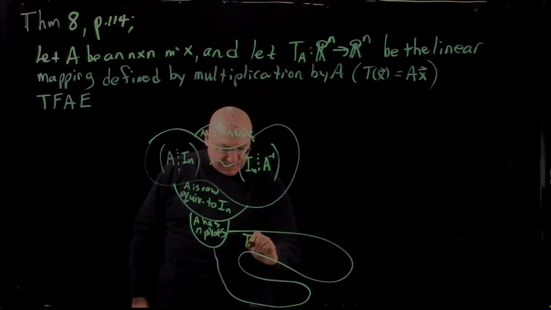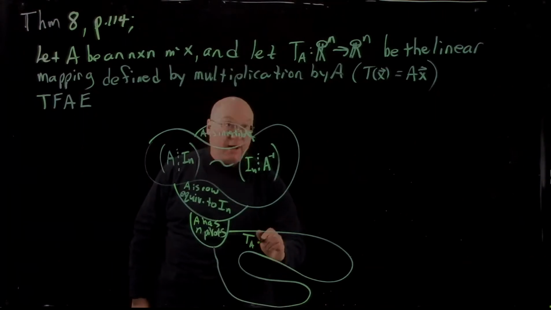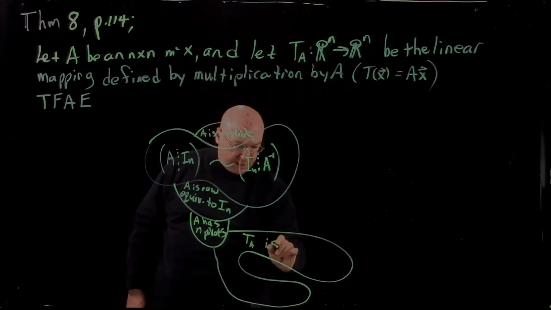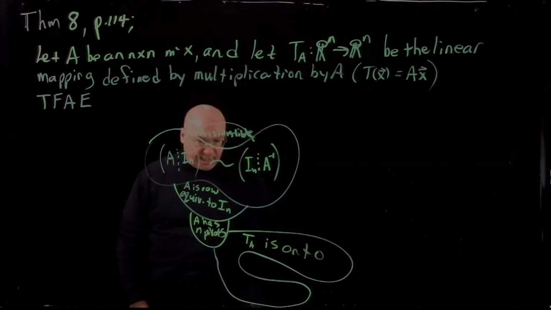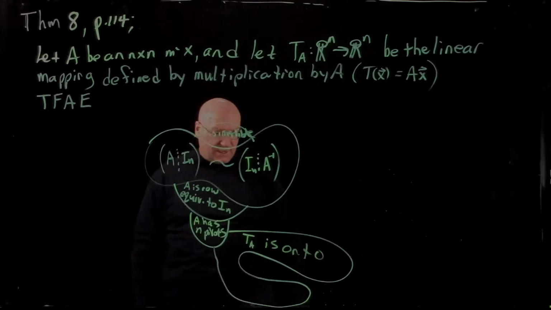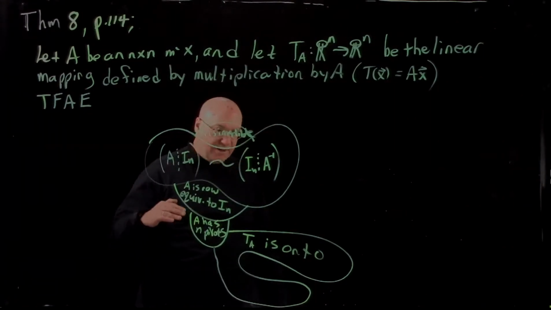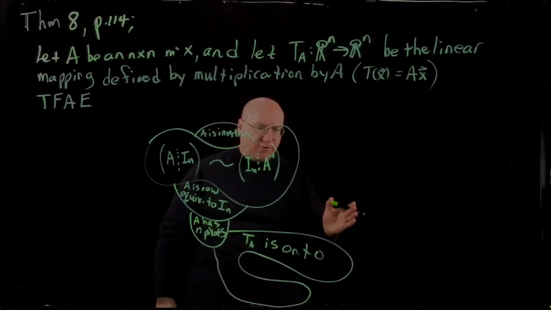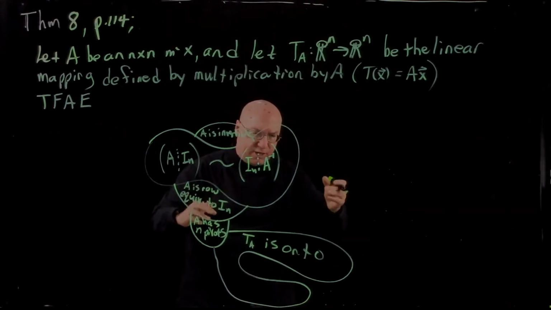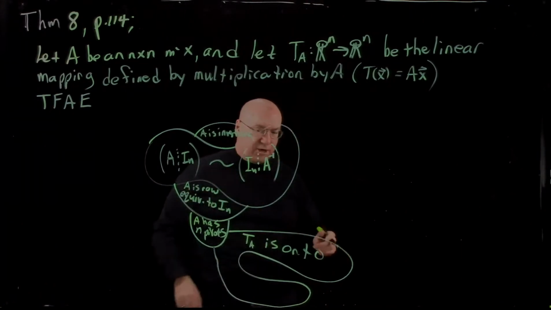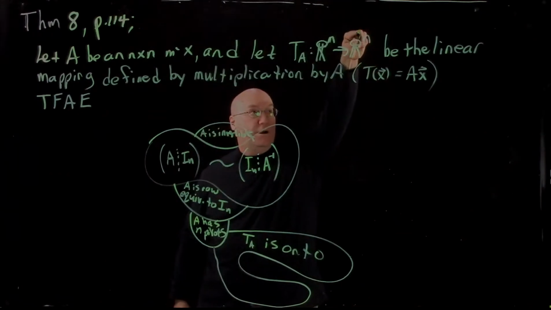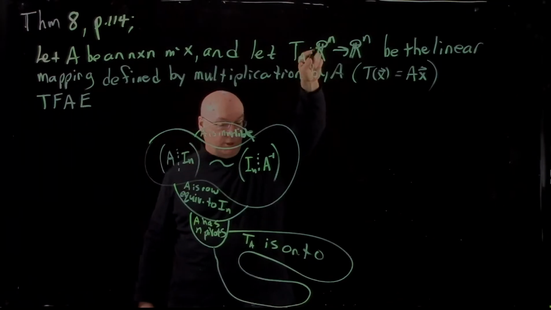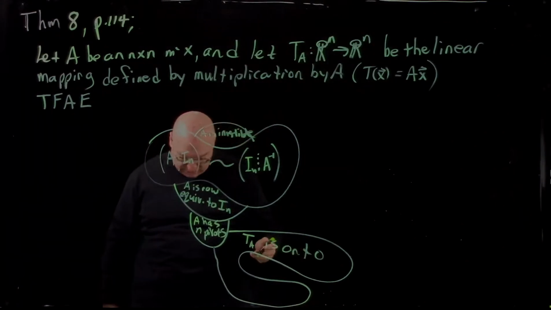So that would say that T sub A, which takes Rn to Rn, has to be onto. Right? It has to be onto because A has a pivot in every row, so every possible equation I can form, every system, if I think of it as a system of equations, is consistent. So I can get any vector over here. I can solve it for any one over here. So T sub A must be onto.